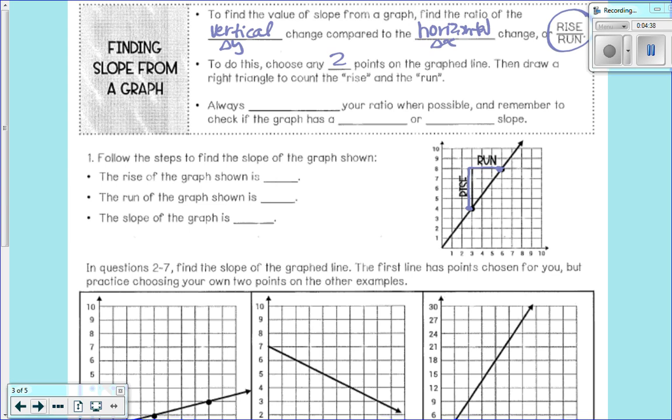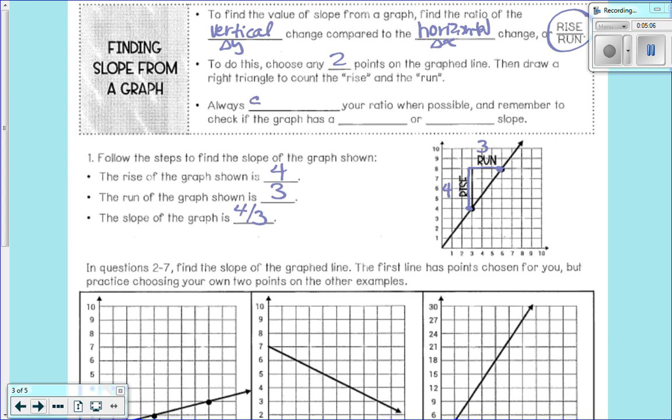Okay, and so we see our vertical change. Our rise is 1, 2, 3, 4. That's up 4, so that's a positive 4. And we run in a positive direction to the right, 1, 2, 3 units. So our rise is 4, our run is 3. And then write the slope as a ratio of rise over run.